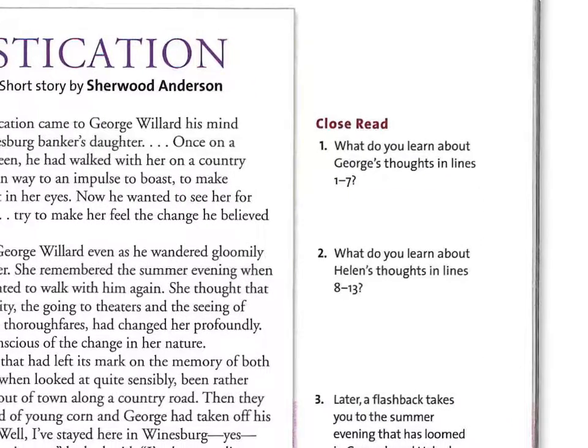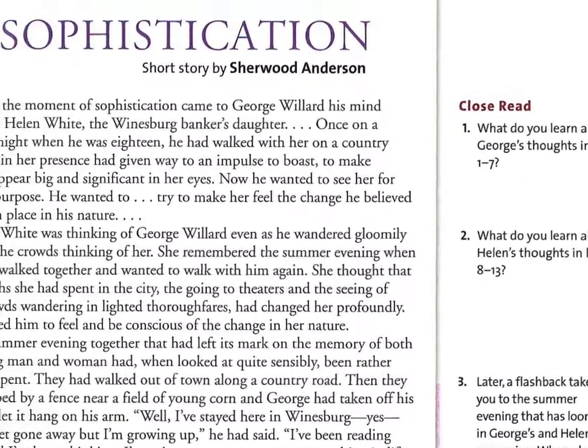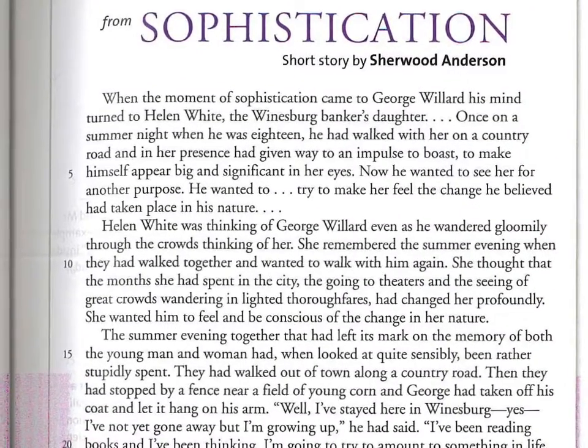So what do we learn about George's insights, his thoughts, in lines 1 to 7? So here are lines 1 to 7. What is he thinking? So he's thinking of this girl.